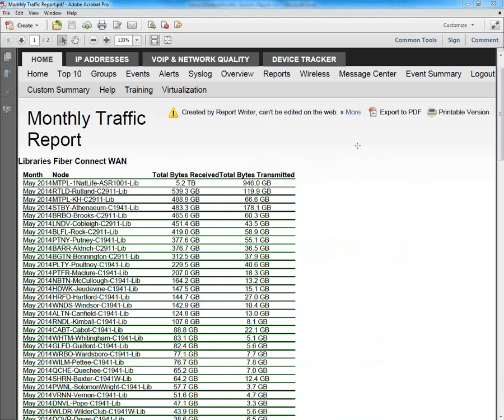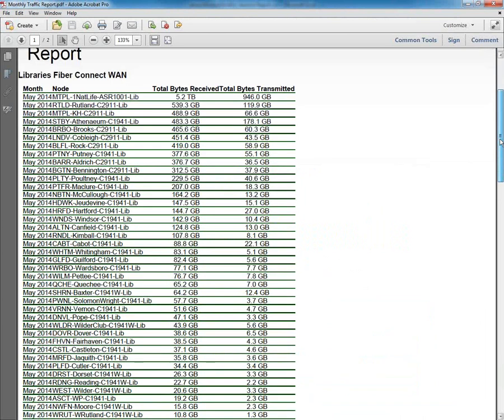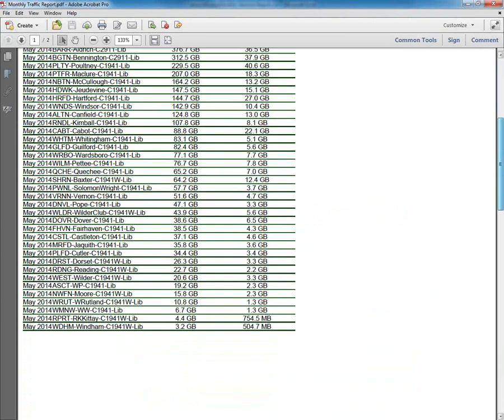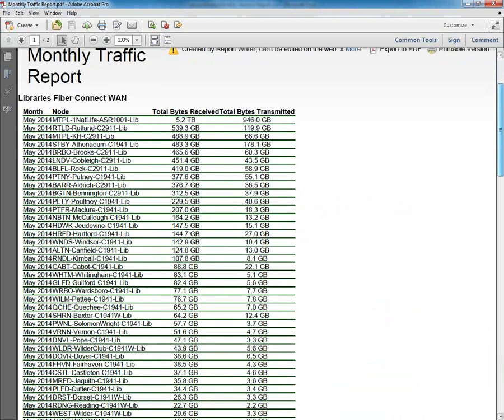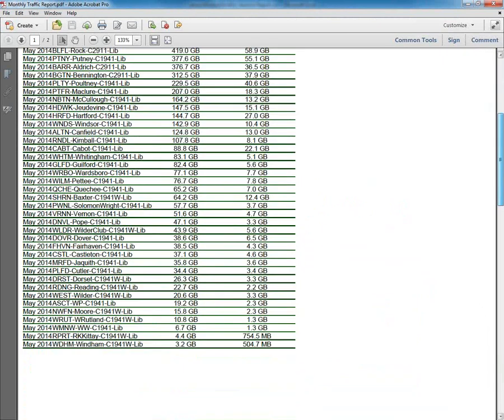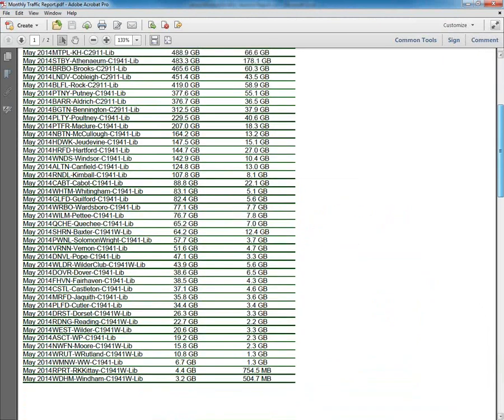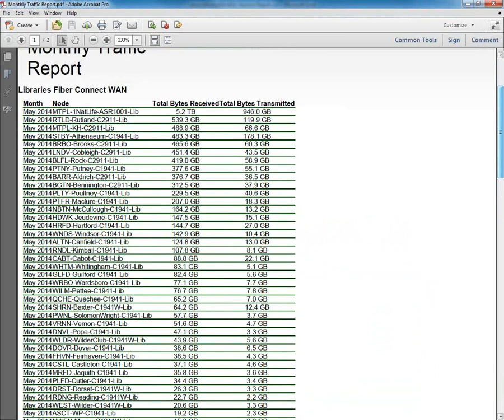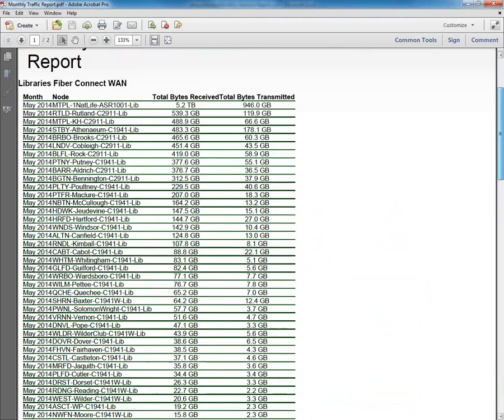Okay, good. This really is just a look at the traffic that is both received and transmitted from each of your libraries during the month of May, just to give you a sense of what amount of data is being used.